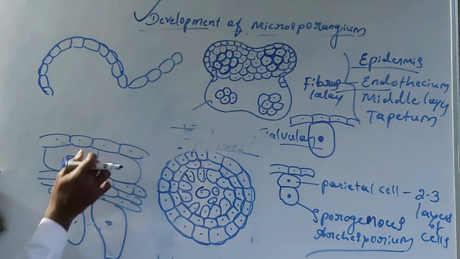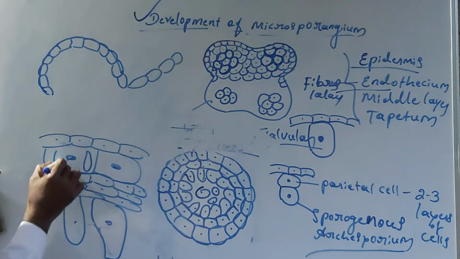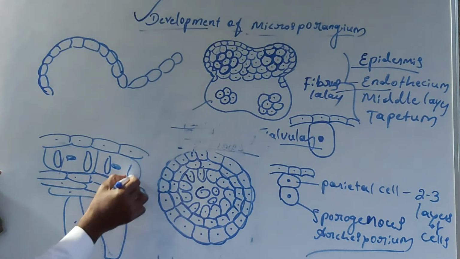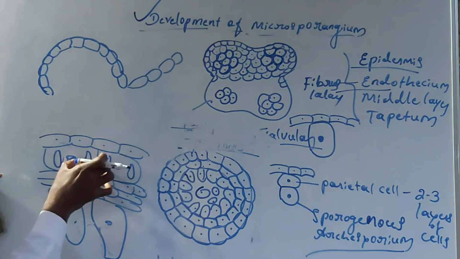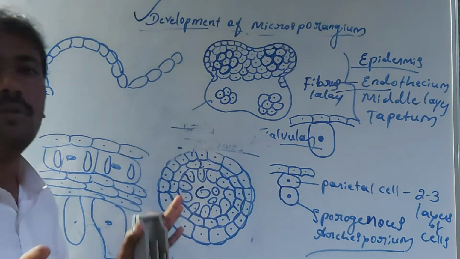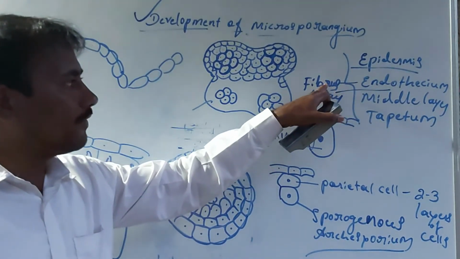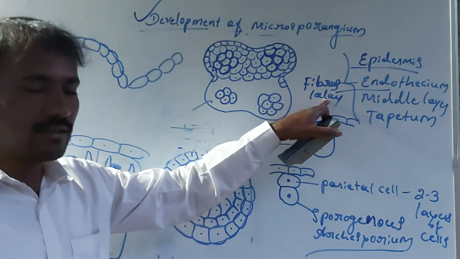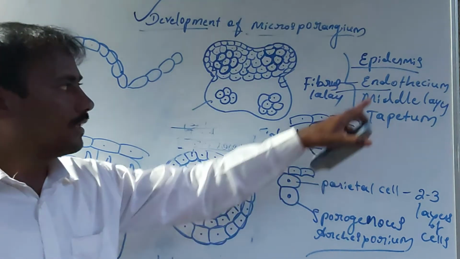The fibrous layer shows the presence of fibrous bands. These fibrous bands are made up of alpha cellulose, sometimes lignin, and pectin substances. The endothecium is a fibrous layer lying beneath the epidermis.